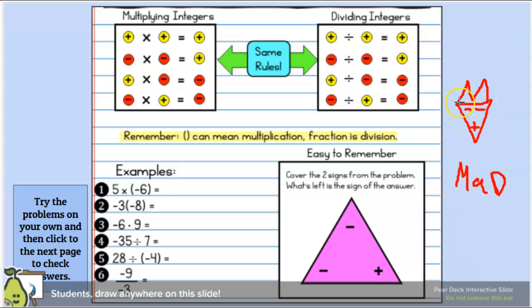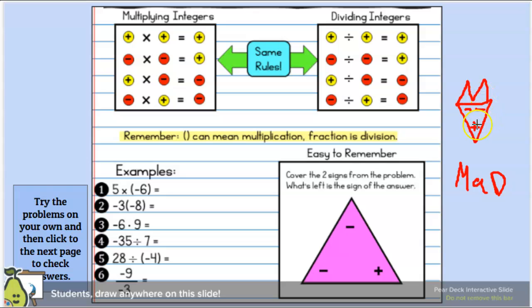So you draw your little Mad Cat, and the way this works is that you would cover up the 2 signs that you're working with, and the third sign that's not covered would actually be the thing that's telling you what the answer is. So let me give you an example here. 5 times negative 6. Well, that's a positive 5, so you would cover up the positive, and a negative 6, so you'd cover up the negative.